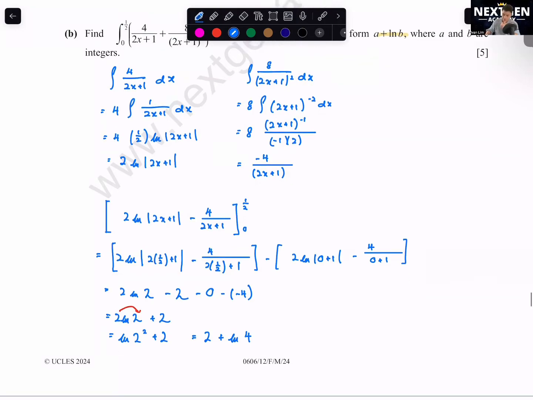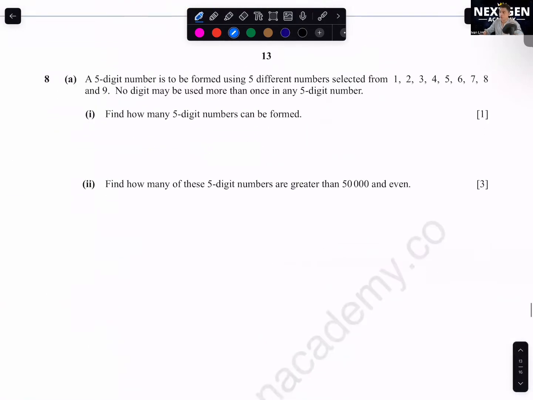Okay, let's go to question 8. A 5-digit number is to be found using 5 different numbers selected from 1 to 9. No digit can be used more than once. Find how many 5-digit numbers can be formed. Okay, how many 5-digit numbers? So this one, order matters or don't matter. Okay, in short, you just need to remember things like password, code.